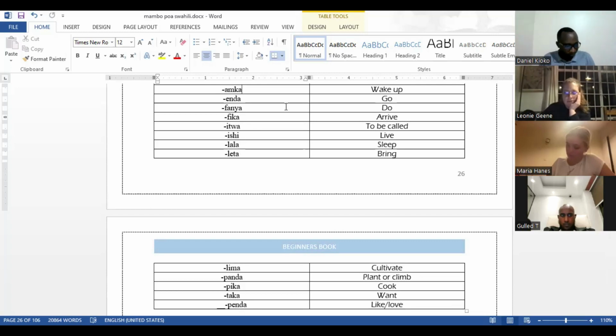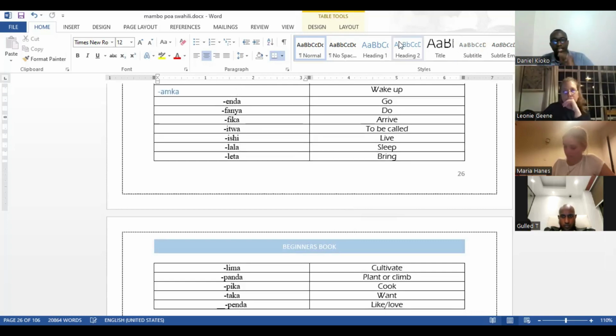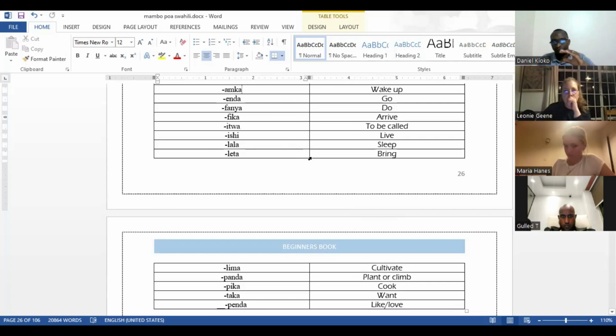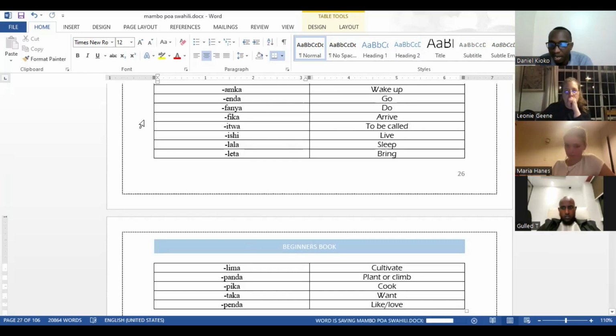Anyway, it is on page 26 of your book. I want you to take a minute, just look at it and try to memorize these 10. Today we are working on just 10. And combine everything which we have learned, including the pronouns, the subject prefix, and the tense.